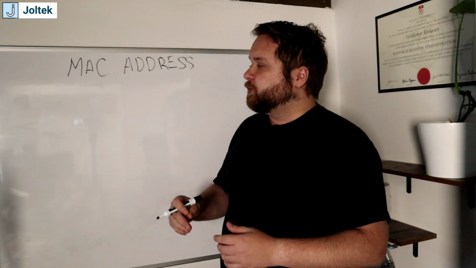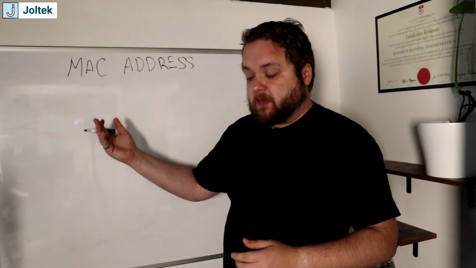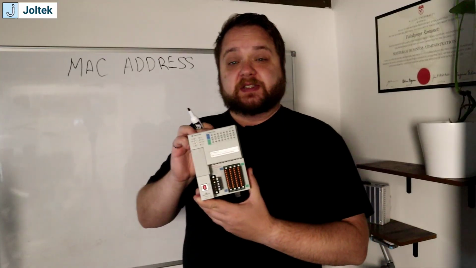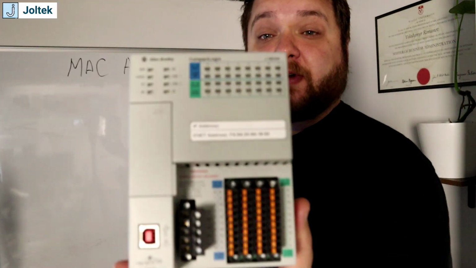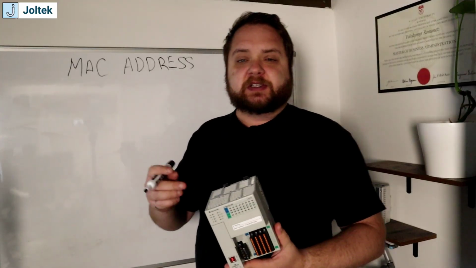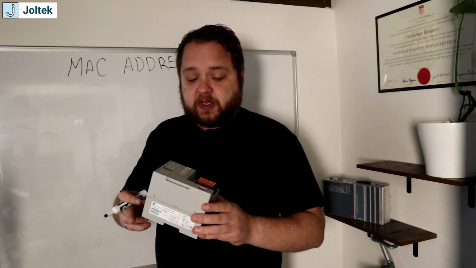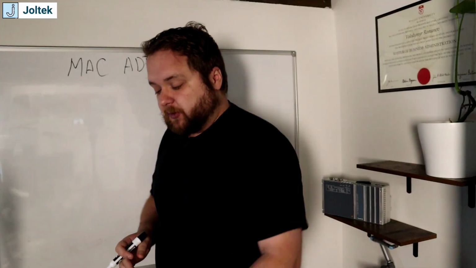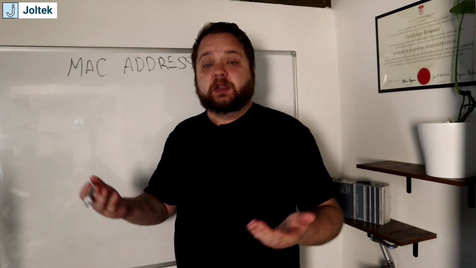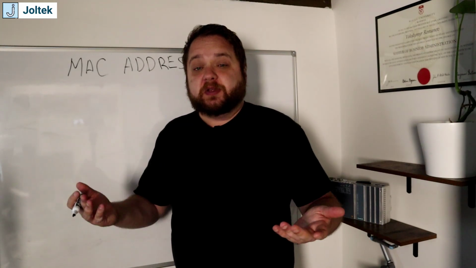Let's start by describing a MAC address. You're going to have 6 different numbers, usually separated by dots. It could be separated by semicolons. It could also be 4 numbers. This is a hexadecimal representation, just like you would see with IP addresses.